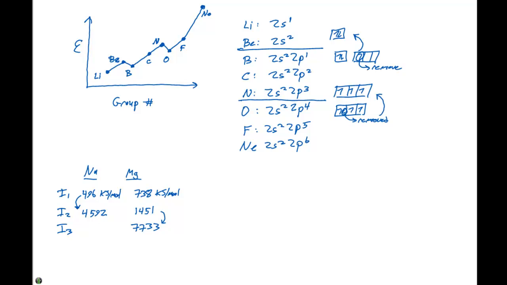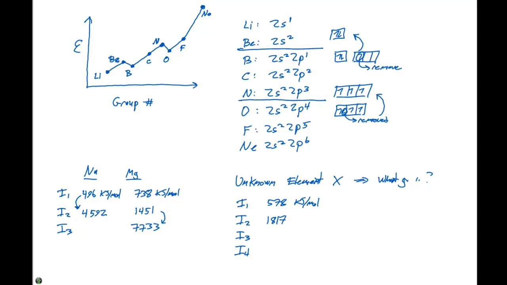So let's say we have an unknown element that we're going to refer to as X. The question is, what group is element X going to be a part of? Let's look at its ionization energies. We're given values for the first 4 ionization energies. The first is 578 kilojoules per mole.